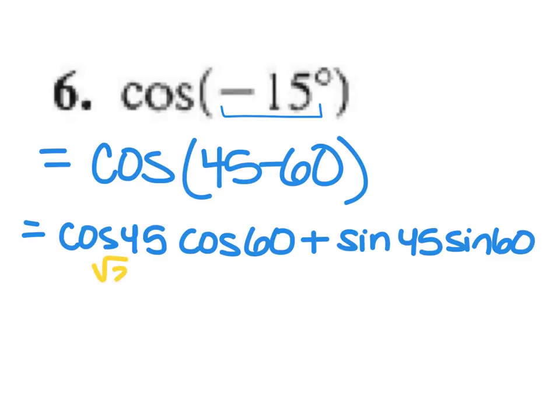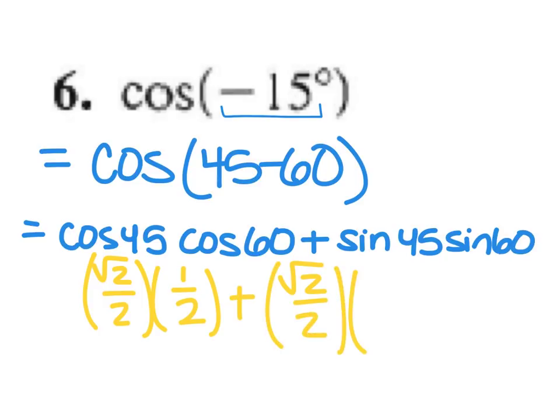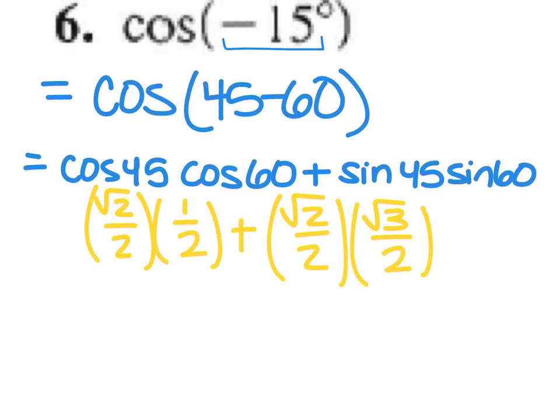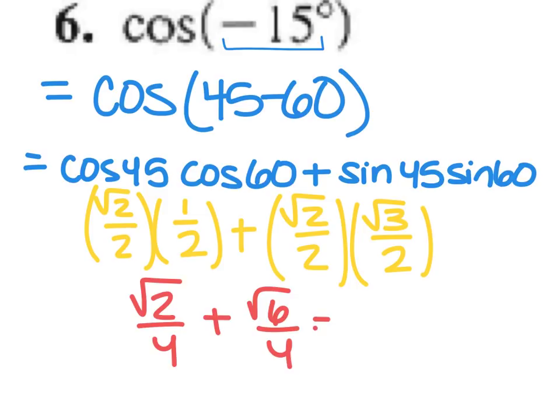So we got root 2 over 2, cosine of 60 is 1/2, plus root 2 over 2 times sine of 60, root 3 over 2. So we got root 2 over 4 plus root 6 over 4, or root 2 plus root 6 all over 4. There you have it.